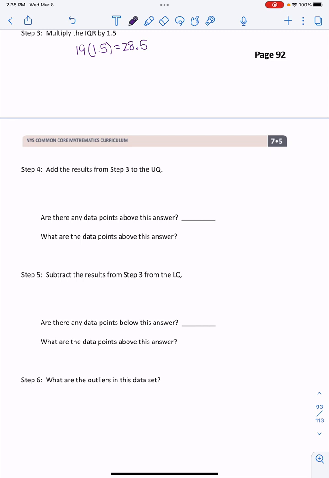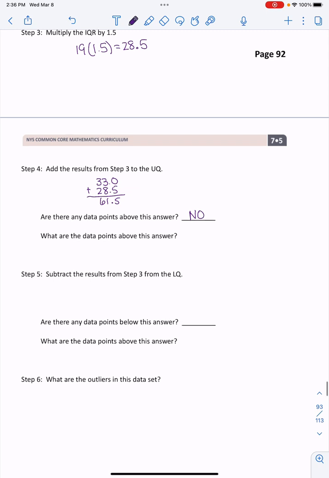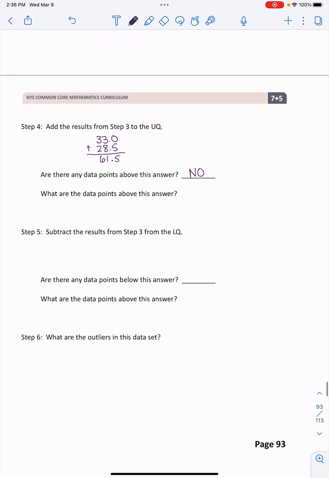So when I add that to 33, I get 61.5. It says, are there any data points above that answer? The answer is no. What are the data points above this answer? None.